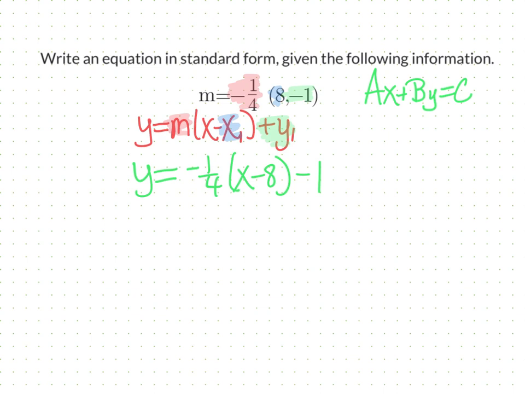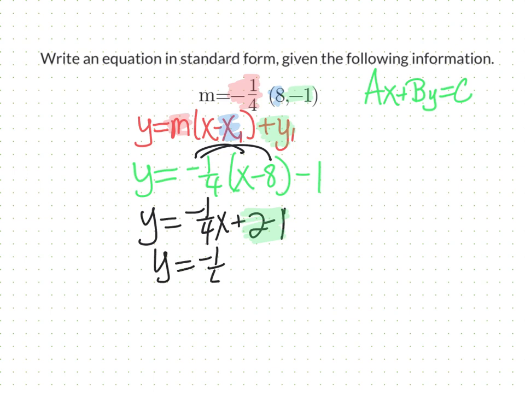Now I have to distribute. So I have negative 1/4 times x is negative 1/4 x. Negative 1/4 times a negative 8 is a positive 2, minus 1. Okay. Now these will always combine. So I'm going to go ahead and combine those. I get plus 1.